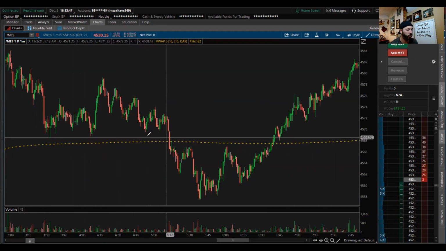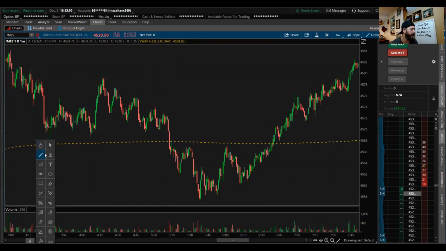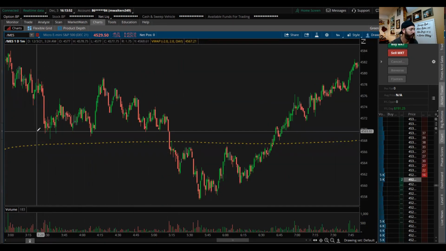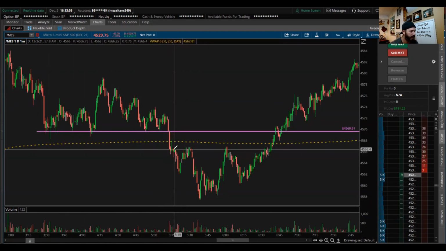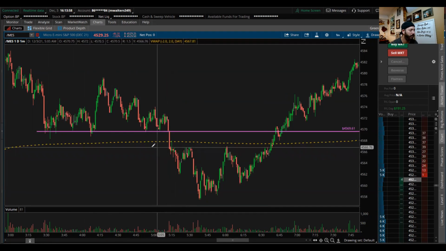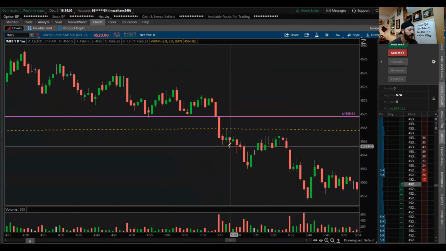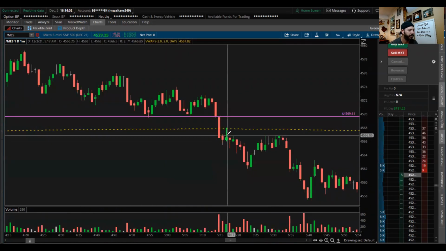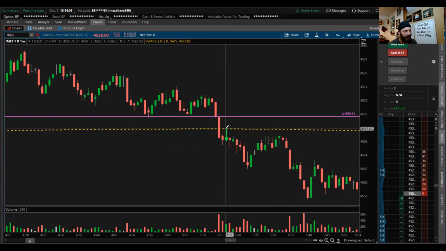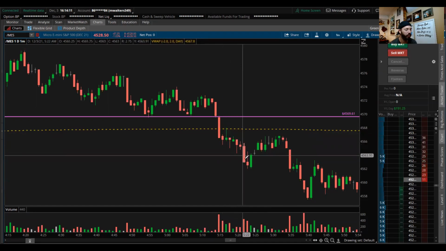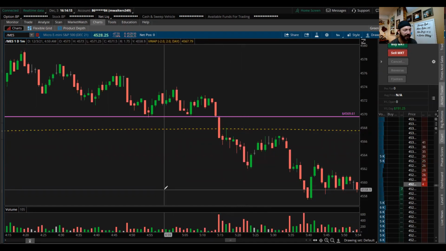When I got short the break of this level right here. So this was holding up. Once this broke down, I got involved in the trade right here on this candlestick. So it broke down. I waited for the retracement, got a great fill right here, and then took my profit on the next leg down.